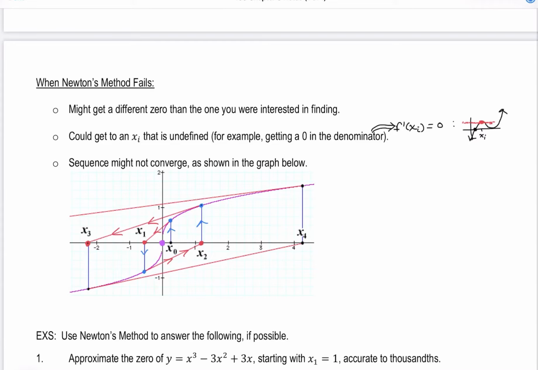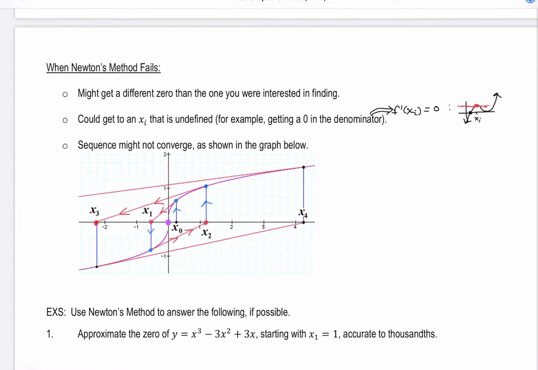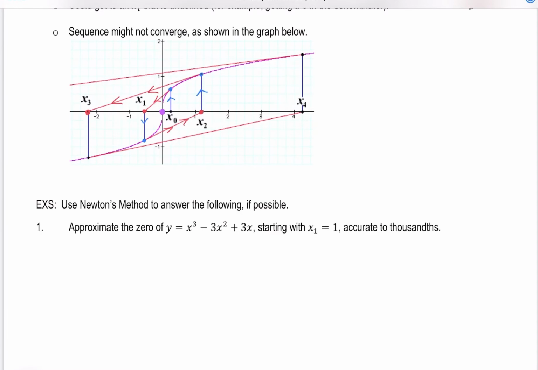All right, so what we're going to do on this one is take a look at Newton's method. We start off with f of x equal to x cubed minus 3x squared plus 3x. And we want to find f prime, which is equal to 3x squared minus 6x. On this one, I am told to let x sub 1 equal 1.